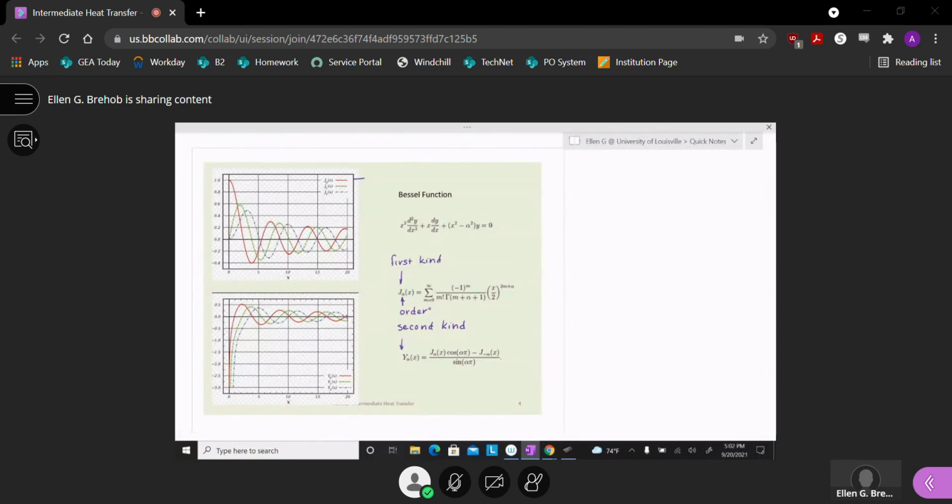And then you can see that these graphs for Bessel functions are oscillating about the y equals 0 axis as we move down the x-axis. And the second kind does the same thing, but it's unbounded as x is equal to 0.